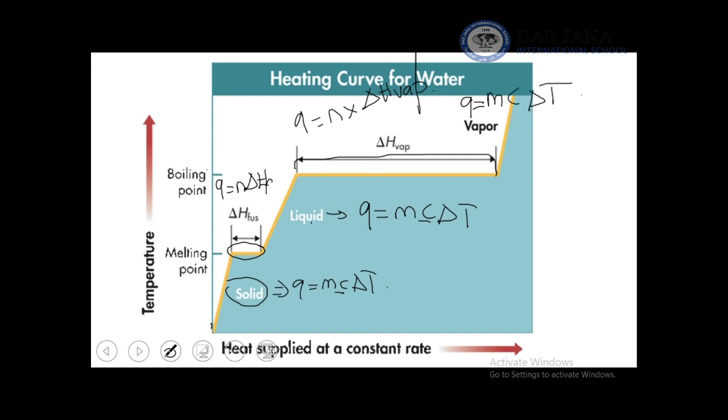So to summarize, if the temperature is changing, use the formula mc delta T, but be careful which specific heat you are using. If the temperature is not changing, if the substance is at its melting point or boiling point, use the corresponding formula.